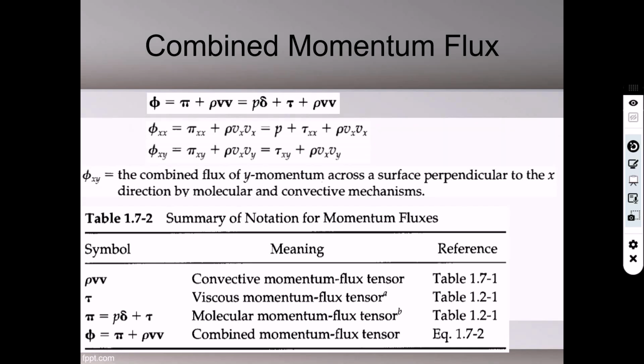Any question about this part? Always remember that the first index indicates the surface, and the second index indicates the direction of the force. Once we have this, we can simply multiply by the surface area and get a force from phi.